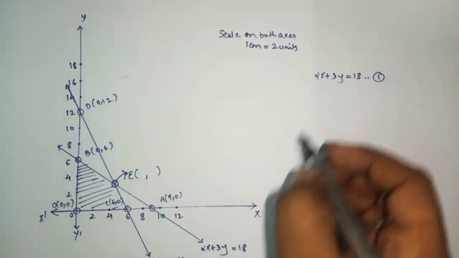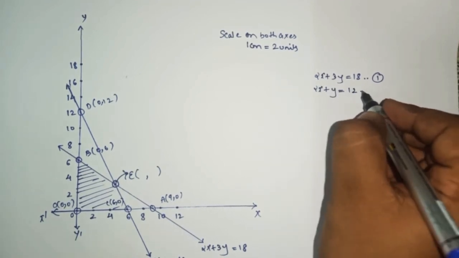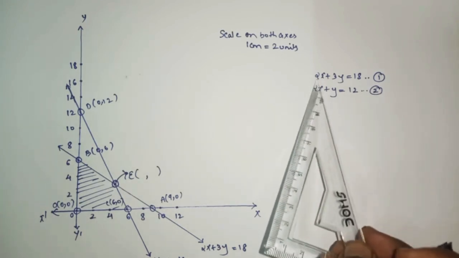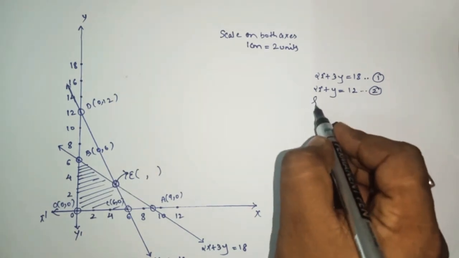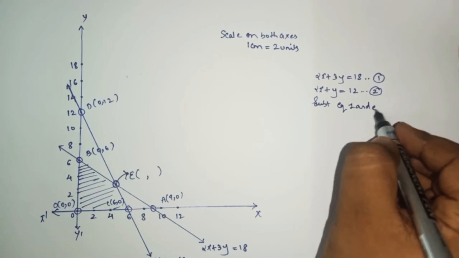Equation number 2 is 2x plus y equals 12. We'll solve these two equations simultaneously to get the answer of x and y. Clearly we can see that the coefficient of x is the same, so we'll subtract equation number 1 and equation number 2.